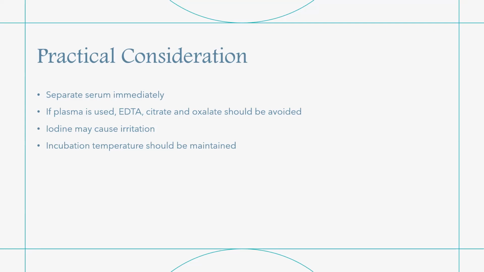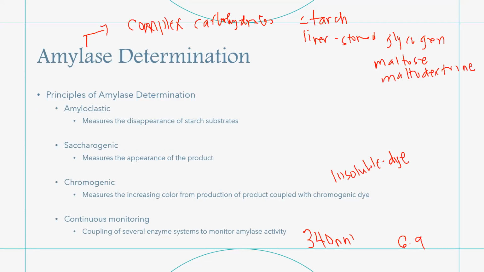By the way, I would like to go back to this slide to give an example of amyloclastic and saccharogenic. Like what I said, Nelson-Somogyi is an example of saccharogenic. Let us all remember that we have what we call the Somogyi saccharogenic method.